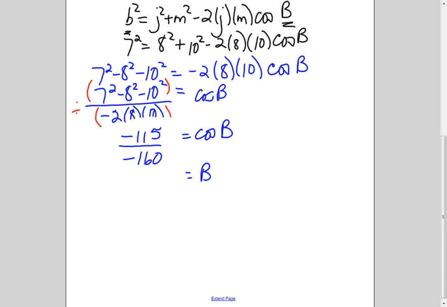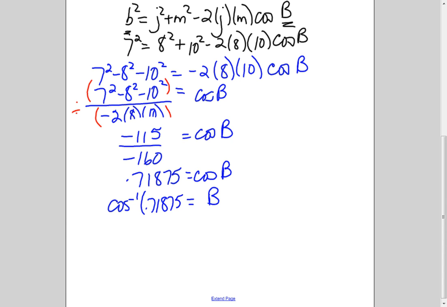Oh sorry, we need that decimal yet. 115 divided by 160, it's going to be positive, is 0.71875. To find the angle, we have to inverse cos both sides, so that I will get angle B is second function cos of 0.71875, for an approximate value of 44 degrees.